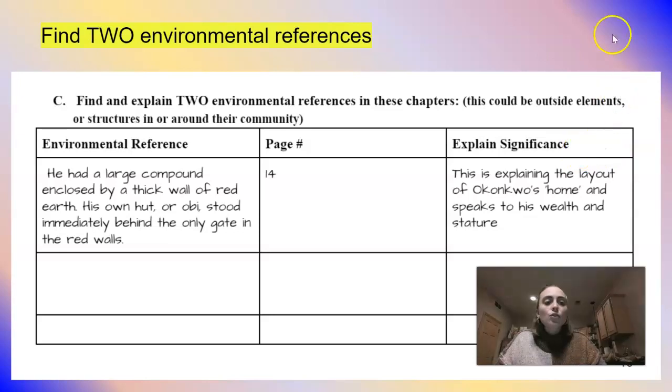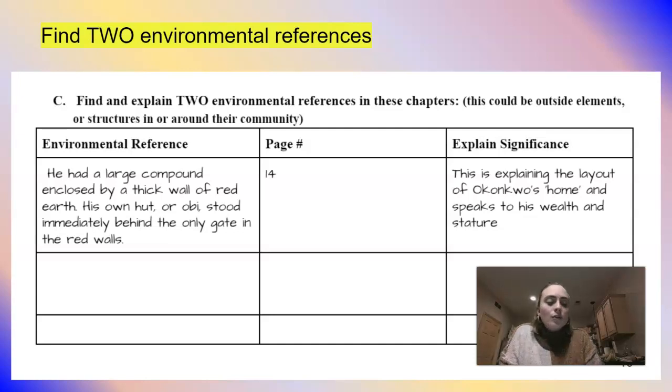The next thing you're going to do is find two environmental references. So the environment is super important to this novel because the Igbo people are subsistence farmers, and so they rely on the land, they rely on the crops that they grow to survive. So there's going to be a lot of references to the weather and how that impacts their farming. There's also a lot of descriptions of the compound that our main character lives in.